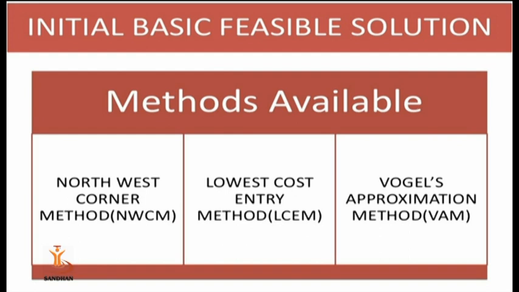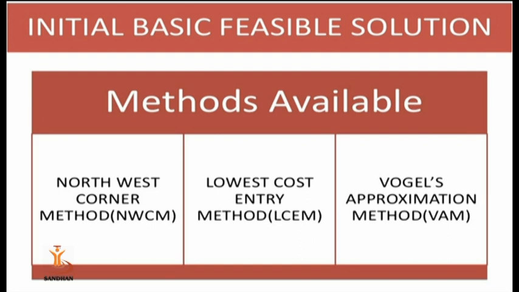Today, we will try to understand how to reach an initial basic feasible solution with the help of three methods. The northwest corner method is the first one, the lowest cost entry method, also known as LCEM, also gives us the initial basic feasible solution. And the third one is Vogel's approximation method, also known as VAM.